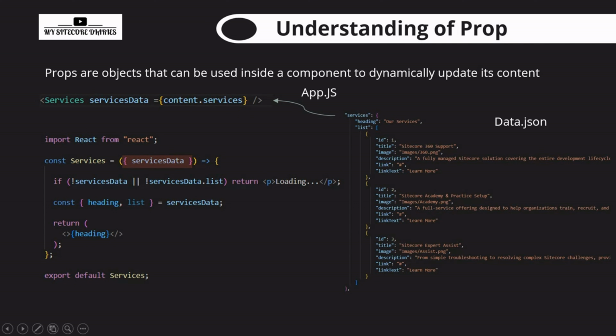Then we compare whether the service data is available. If it is not available, we show that data is still loading, and if it is available, we read it. In services, we have 2 nodes, holding the heading and the list. So from the service data, we read the heading data and the list data, and then we can use that data like this.